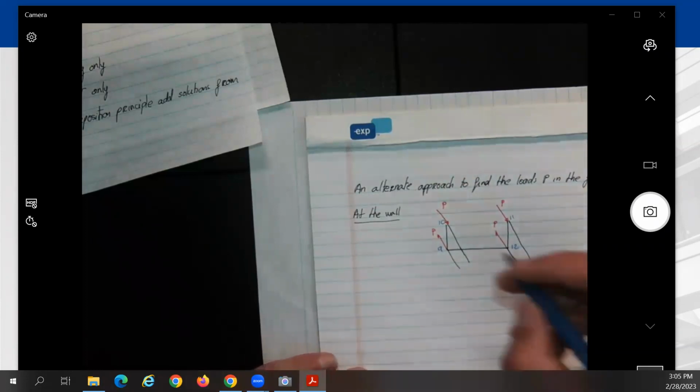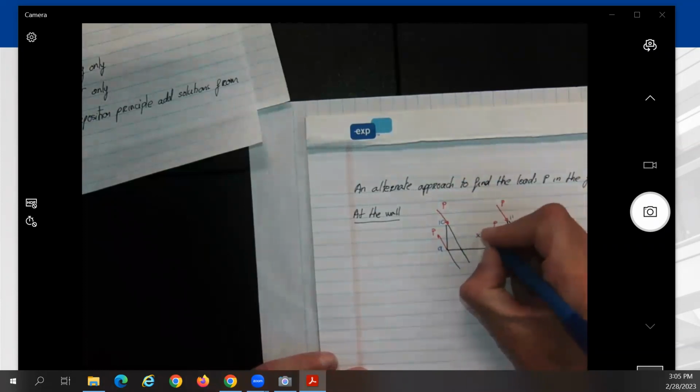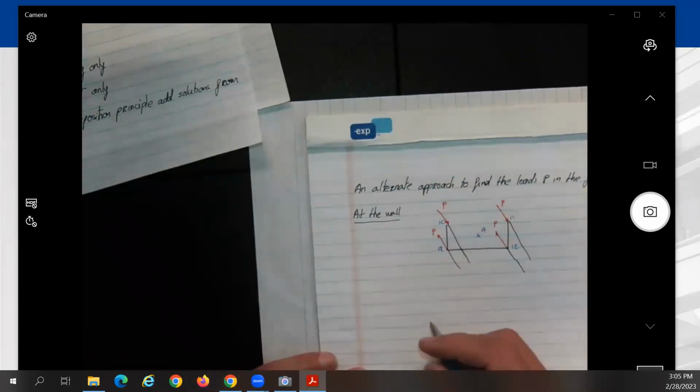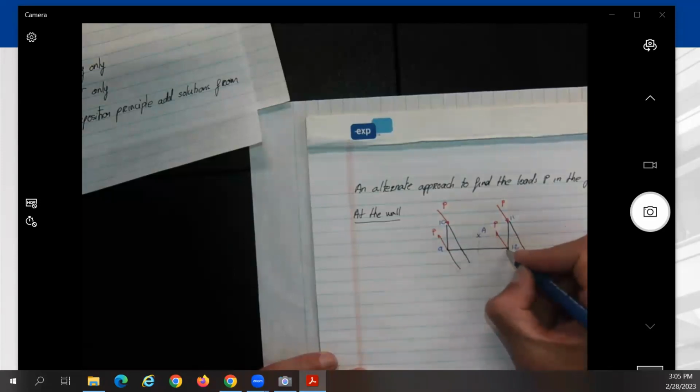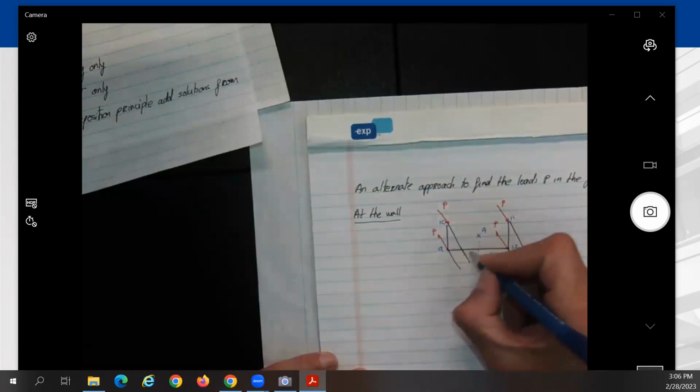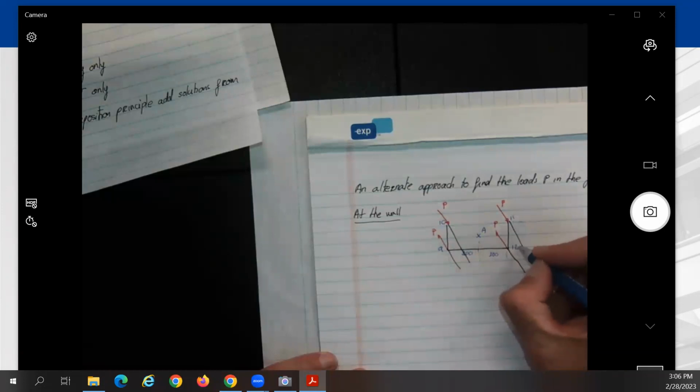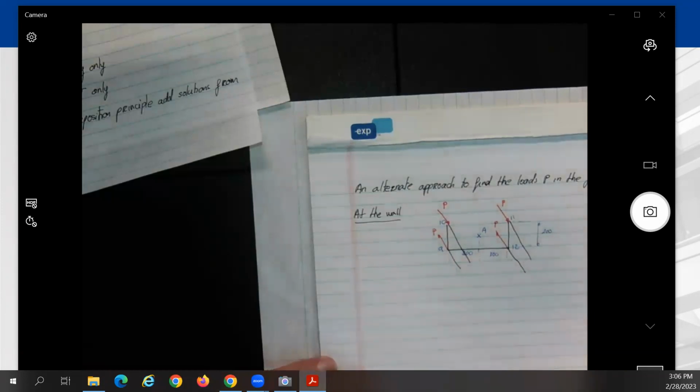All right, so here, let's take a point A that will be right in the middle. And that way, we have that distance is 200. That distance will also be 200. The height would be 200.